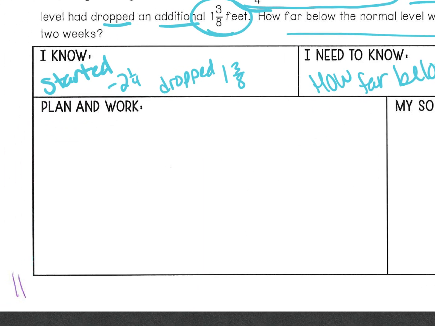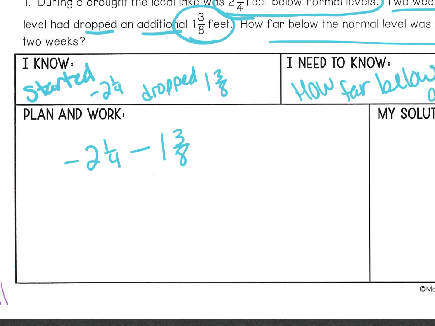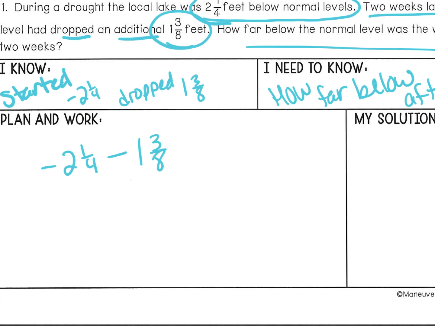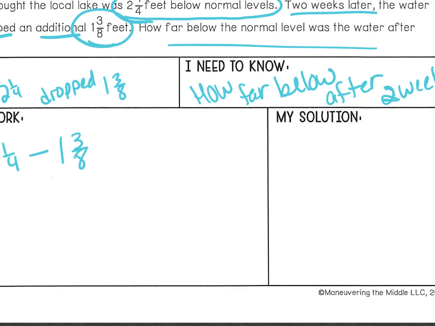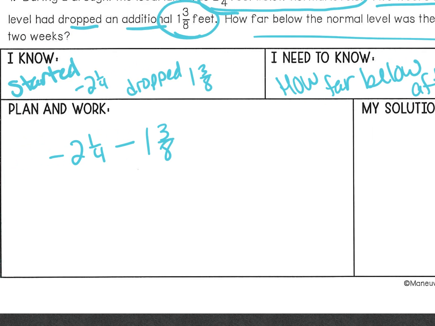Okay, so we started at negative 2 1/4, and then we dropped 1 3/8. This is what it would look like as a problem. So it started negative 2 1/4, and then I subtracted because I dropped 1 3/8. So you can actually go ahead and put that into your calculator. If you have one with a fraction button, it's got a mixed number on it, you can use that.